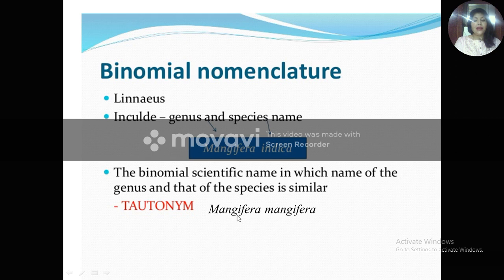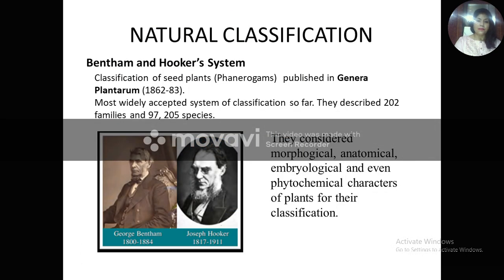Instead, in plant taxonomy, we always have a different generic epithet and a different specific epithet. But in animal taxonomy, this is allowed. Tautonyms are allowed. So here I have Ciconia ciconia, which is a white stork, where generic and specific epithet are the same. So this is the basic difference between plant and animal taxonomy.